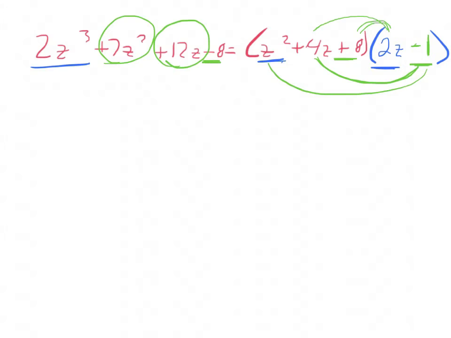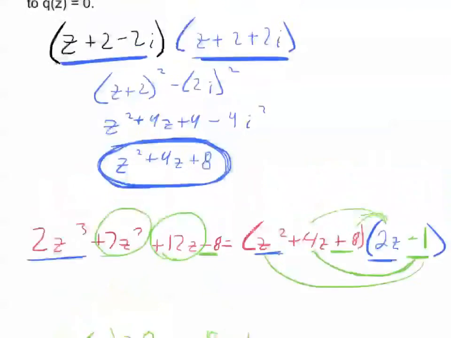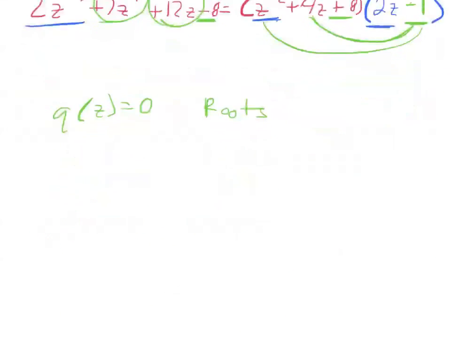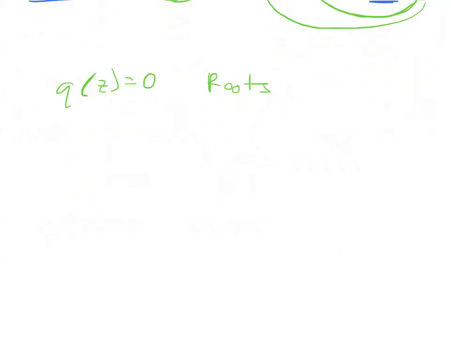And the problem was asking, what are the solutions to q of z equals 0? Well, those are effectively the roots. So what were the three roots? Well, if we go back up here, they started off by telling us that one of the factors was z plus 2 minus 2i.